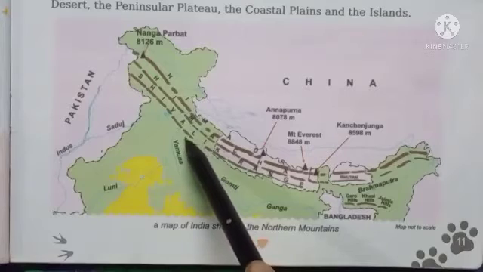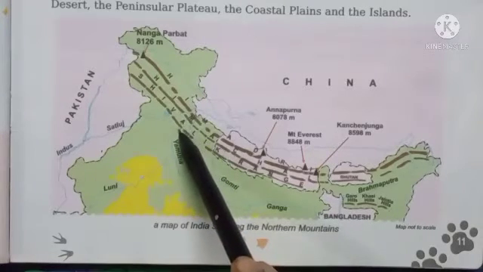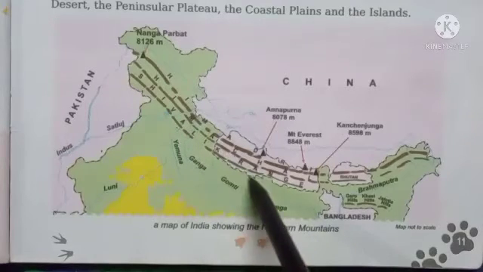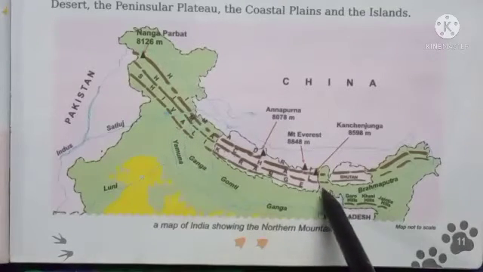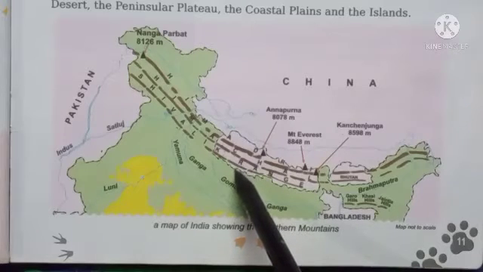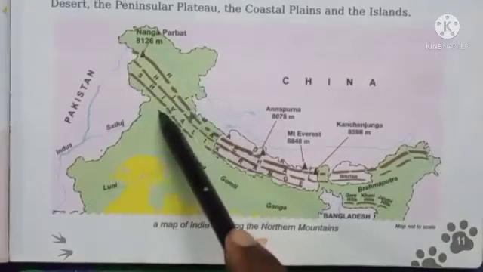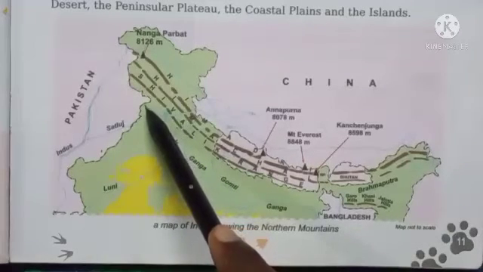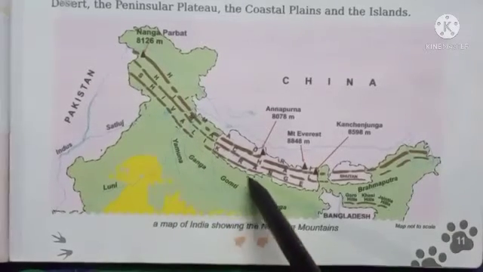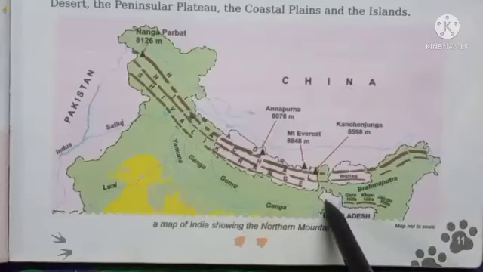The areas located in the foothills of the Himalayas, foothills means near the bottom, are experiencing very cold climate. So we know the states that are located near the Himalayas.